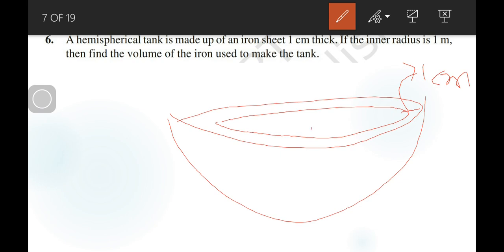Here given the inner radius, that we call small r, of 1 meter. So we convert 1 meter into 100 centimeter. We want to find the volume of the iron sheet used in it.